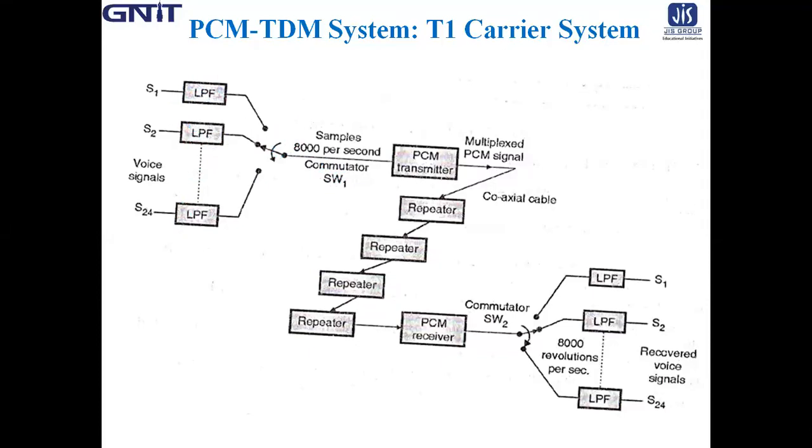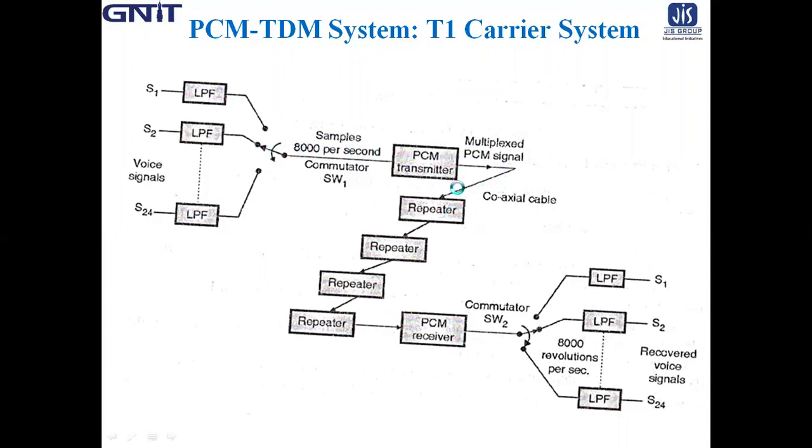Next, each of the time division multiplexed signals, still an analog signal there, is next analog to digital converted using a PCM transmitter or compander. Now the resulting digital waveform is then transmitted over a coaxial cable.